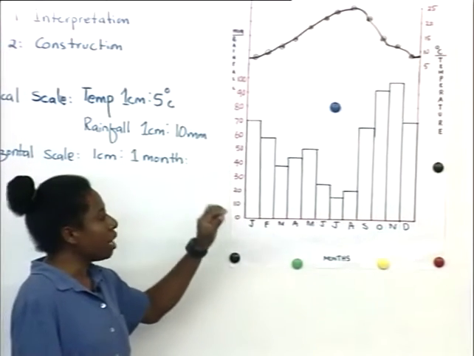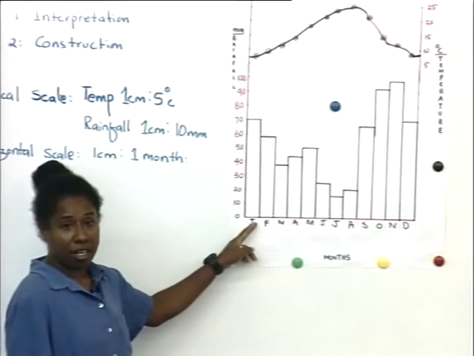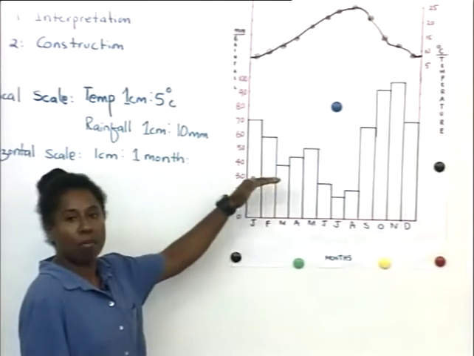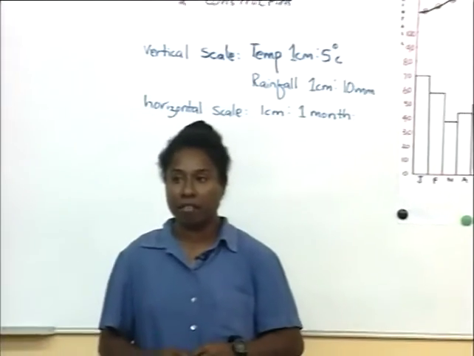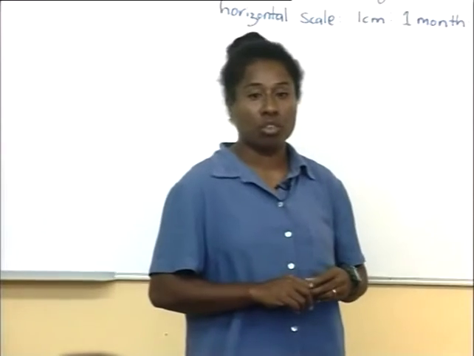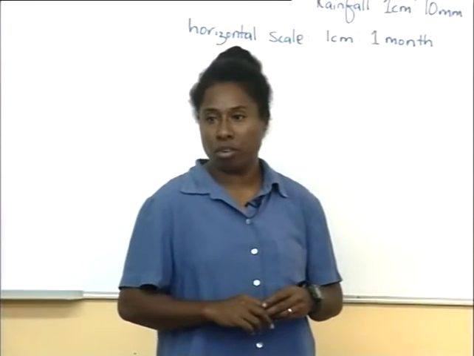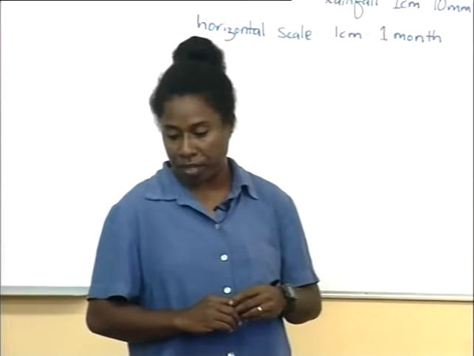If you were told that there will be other information you will be required to put onto your chart, then you'll have to also plan for how much space will be needed for the other information and how much space is needed for your graph. For our example, we were all asked to construct in our exercise book. So one whole page in the exercise book was needed for the construction.